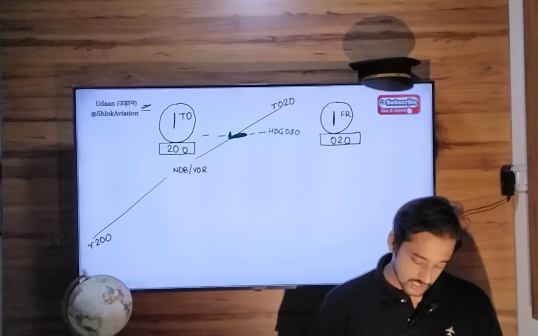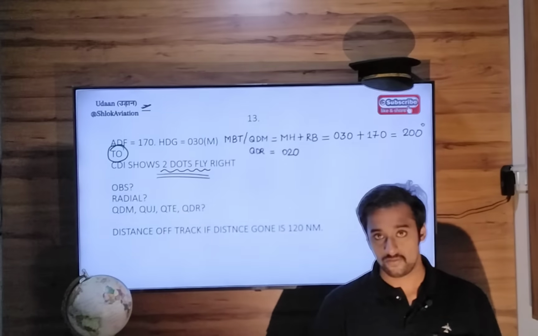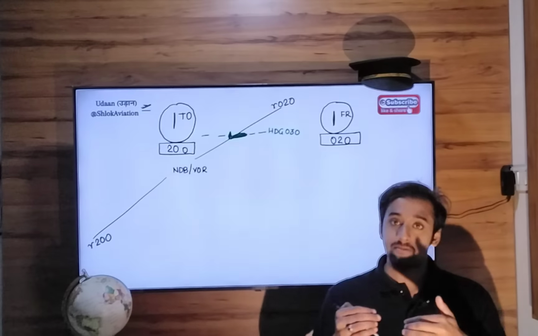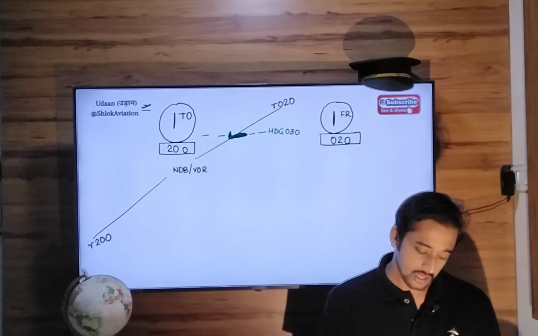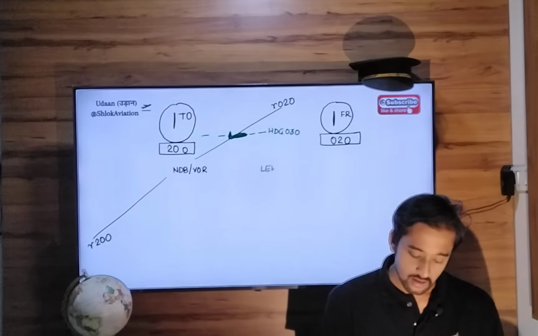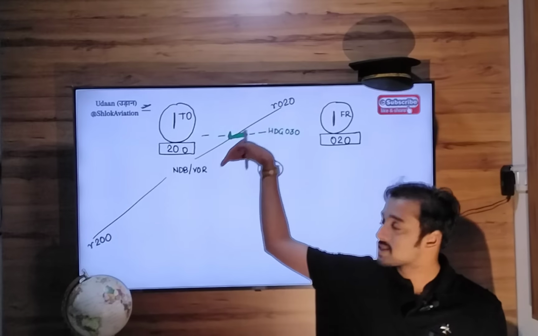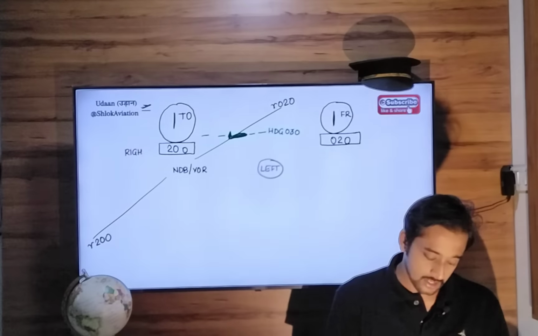But in this case, the CDI is showing two dots fly right. Now when you are going inbound towards the station, this becomes your left hand side and this becomes your right hand side.